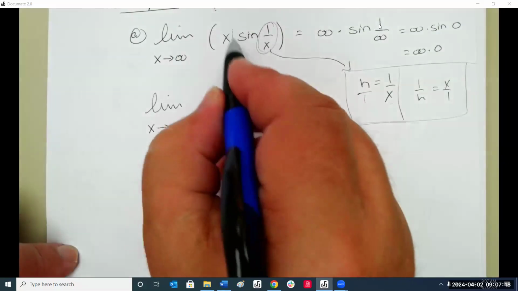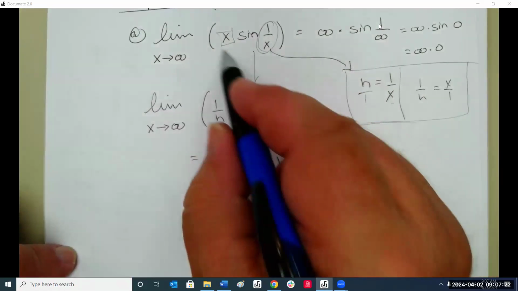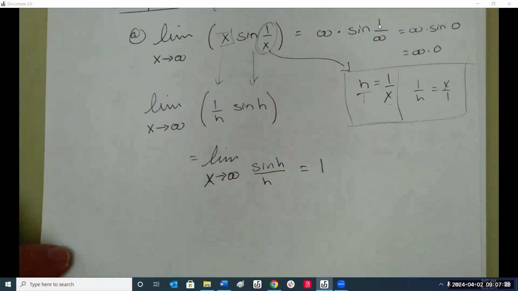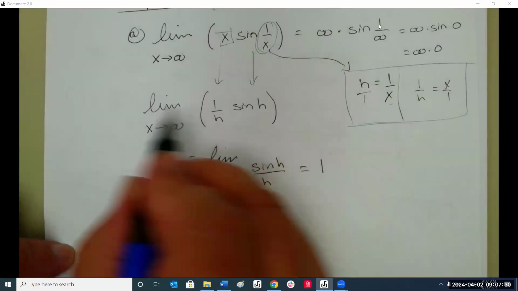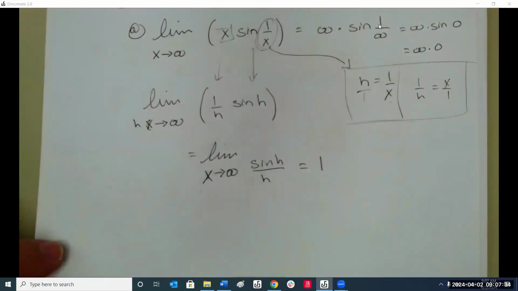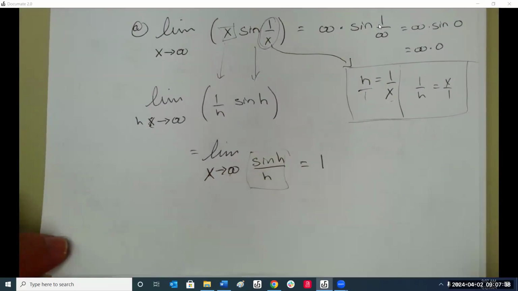And then now I have to figure out what x is with reference to h. Well, actually, since I'm going to h, I should have also had this. But once we get to this form, and we're going to infinity, that's all that matters. All right, so let's look at the next one.